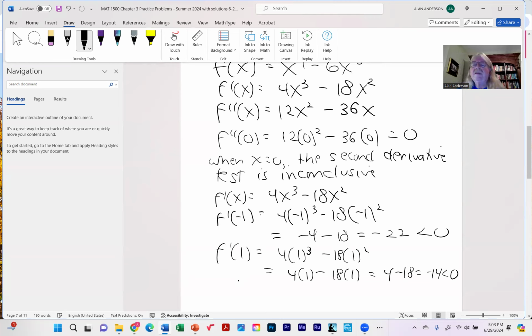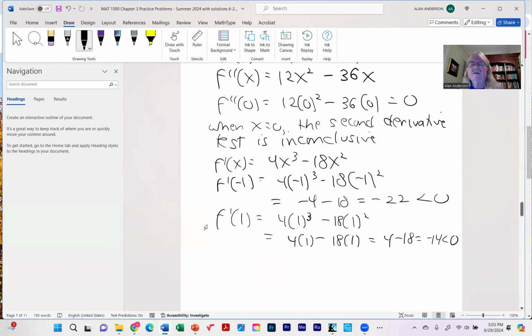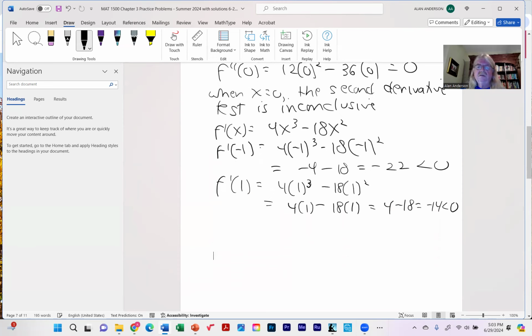Okay, so now this means that this point is neither a maximum nor a minimum. So we don't have a name for it. It's one of those cases where you might see something like this, where at that point the slope is 0, but it's clearly not a minimum or a maximum.